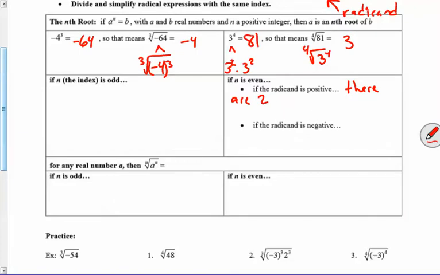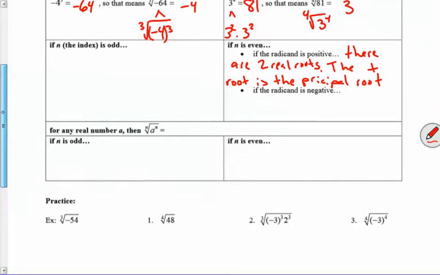Two real roots. But really all we're going to care about is the positive root. The positive root is the principal root, meaning that's the one we care about.